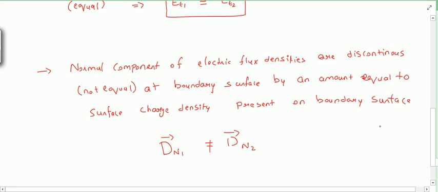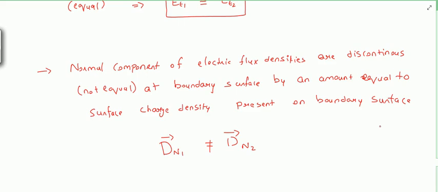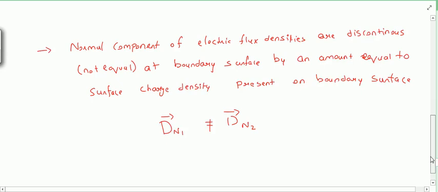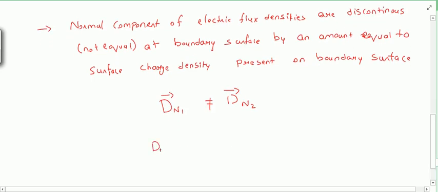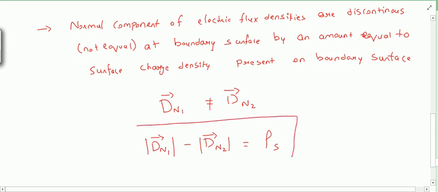That is, they are related like this: if we take the difference of the electric flux densities in medium 1 and medium 2, we will get the surface charge density, because that is the amount by which they are discontinuous.